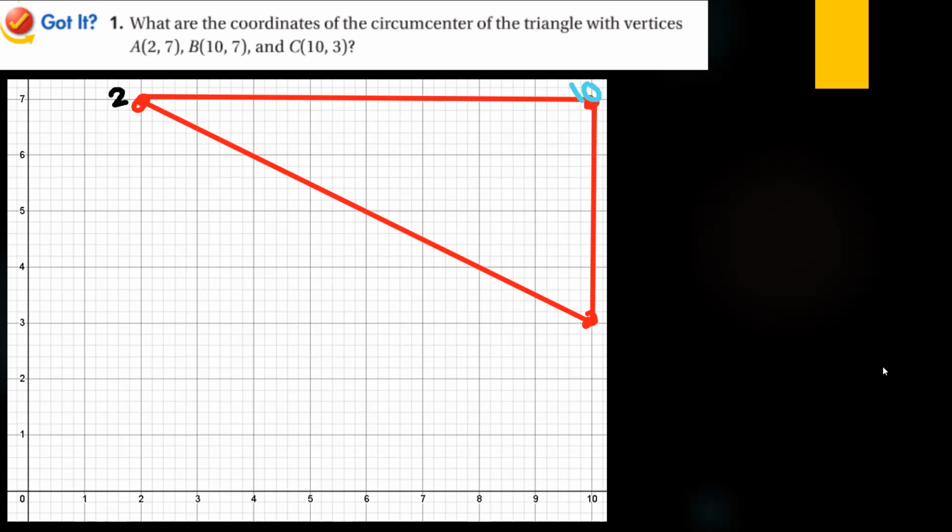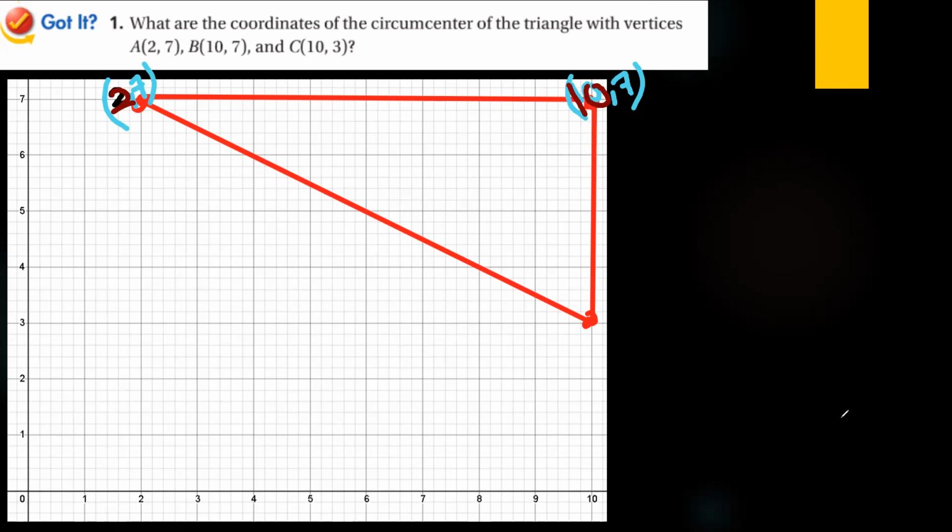The first one, its coordinate is 2, 7, and the second one is 10, 7. So I need to see the length that is perpendicular to the x-axis. First I must look at the x-axis at x points 10 and 2. So the length of this triangle is 8.